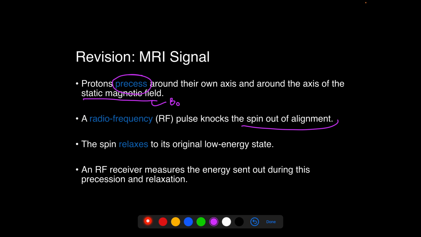Then, once it is out of alignment, the spin relaxes to its original low energy state, and that releases energy, and a radio frequency receiver measures that energy that is sent out during this precession and relaxation, and that allows us to create images.